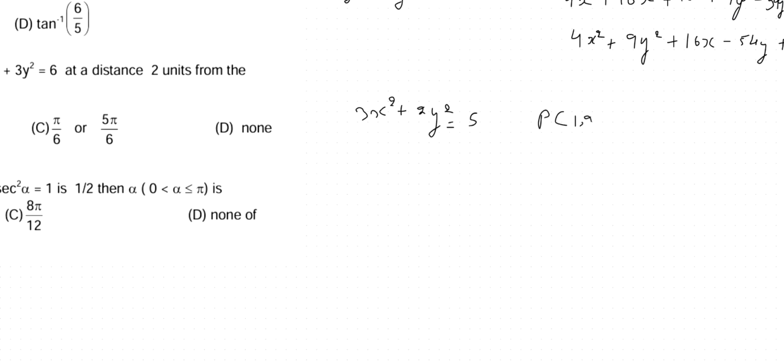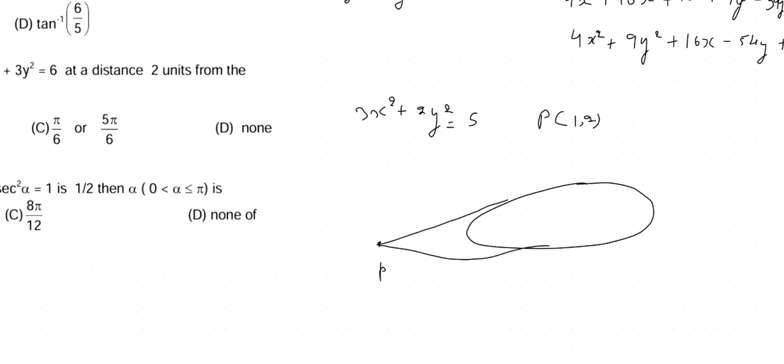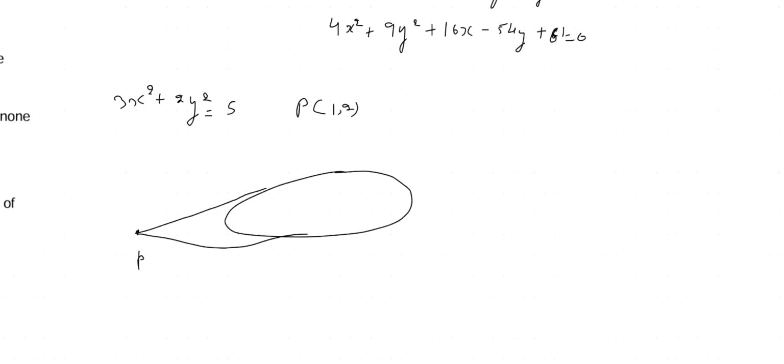So let's say we have any curve. This ellipse is just an example. From an external point, a pair of tangents is to be drawn. That equation can be given by SS1 is equal to T square. Now what is S? S is the equation of the curve.